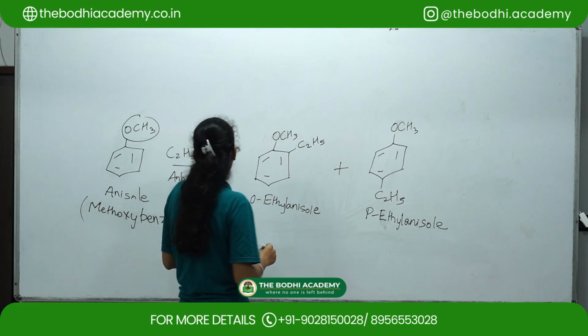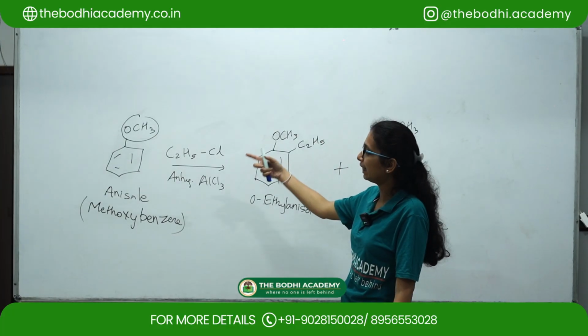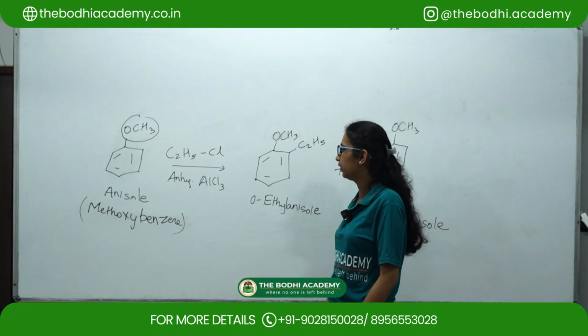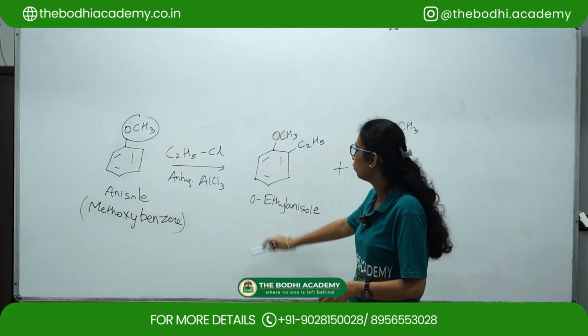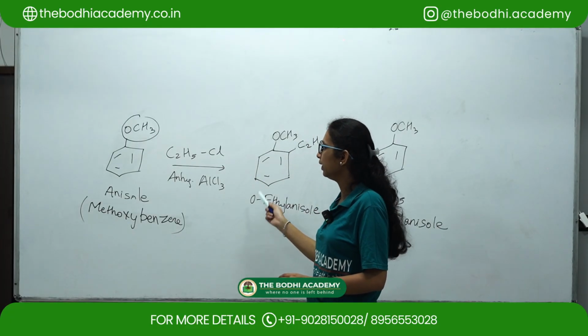This, when it reacts with ethanoyl chloride, you can also say ethyl chloride, in the presence of anhydrous AlCl3, which is your catalyst. In the presence of this catalyst, this molecule is getting added.